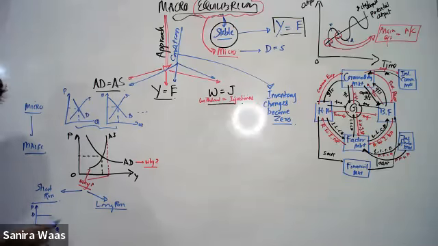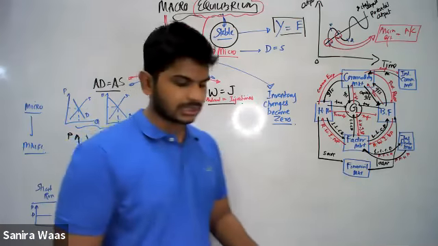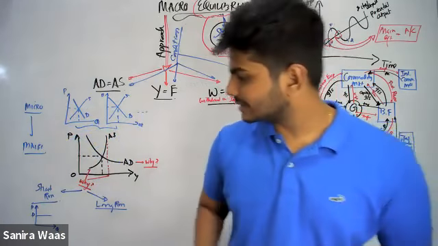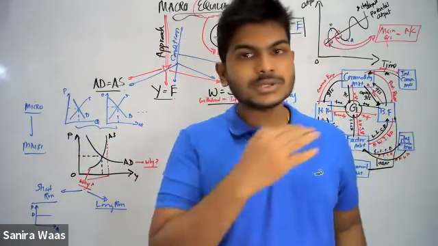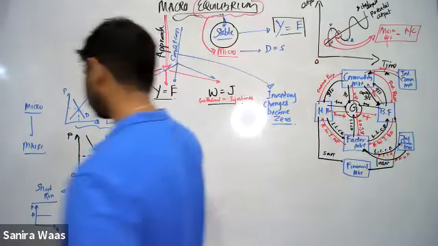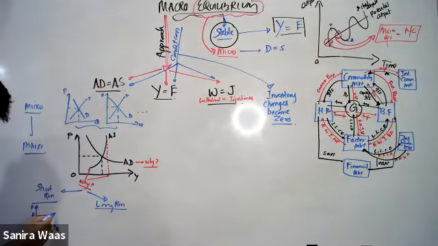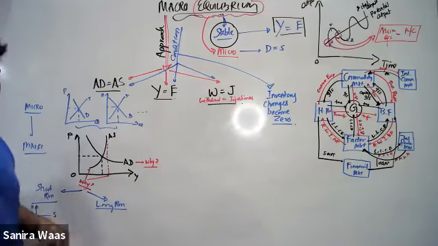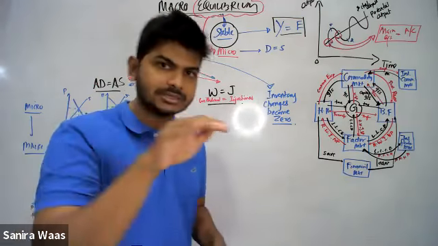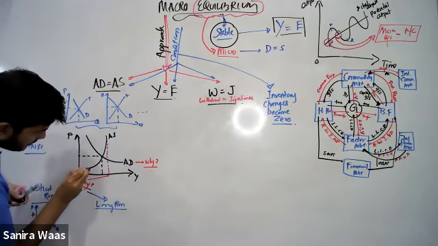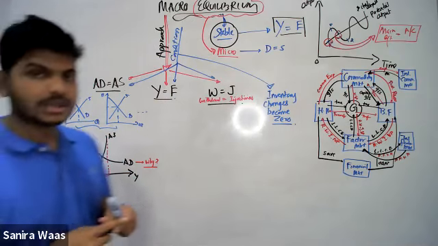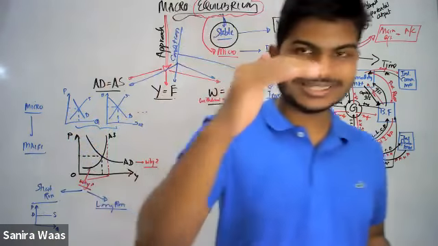You can't change your supply curve overnight. So in the short run, your supply curve would be something like this, and the curve starts like this. In the short run, your supply curve is stuck.